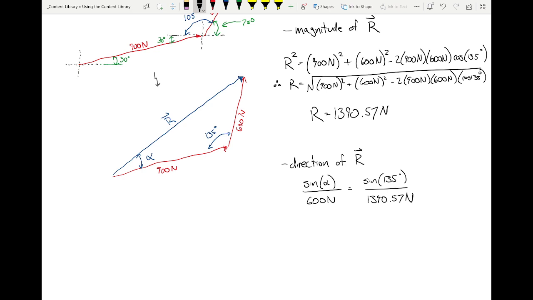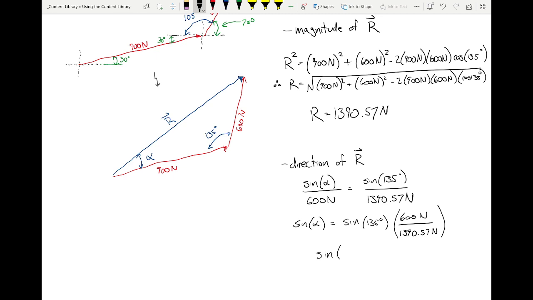Are you okay with that? Is that going too fast? Everybody good? So you should be able to solve this pretty easily, right? I can multiply both sides by 600, and so I could get the sine of alpha.